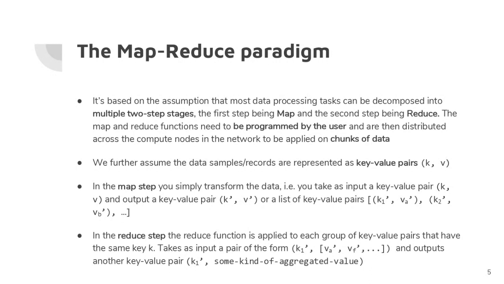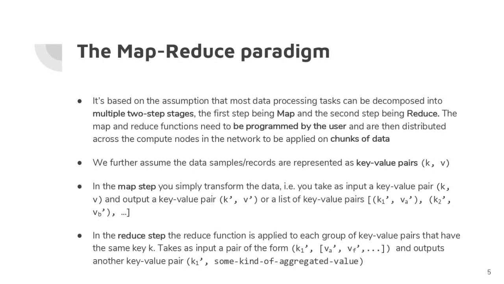Not possible even. We assume that data samples or records are represented as key value pairs. That's like in Python, you have a key, maybe a property like name, and then a value which is the actual name. Or the key can be a city, and then the value can be the specific value of that city.